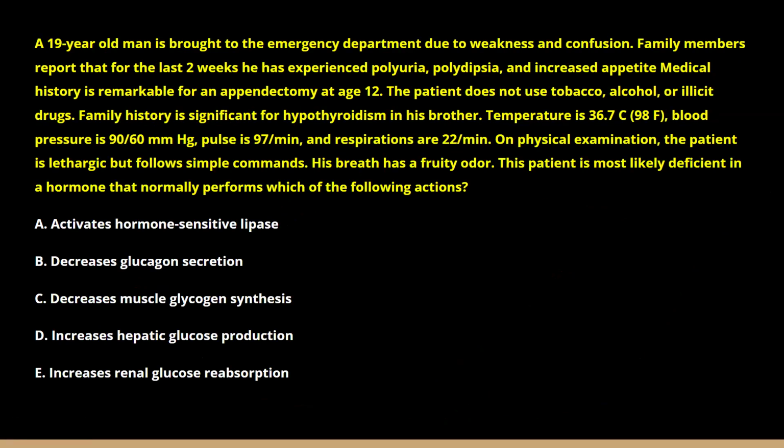Family history is significant for hypothyroidism in his brother. Temperature is 36.7 degrees. Blood pressure is 90 per 60. Pulse is 97. Respirations at 22. On physical examination, the patient is lethargic but follows simple commands. His breath has a fruity odor. This patient is most likely deficient in a hormone that normally performs which of the following functions?